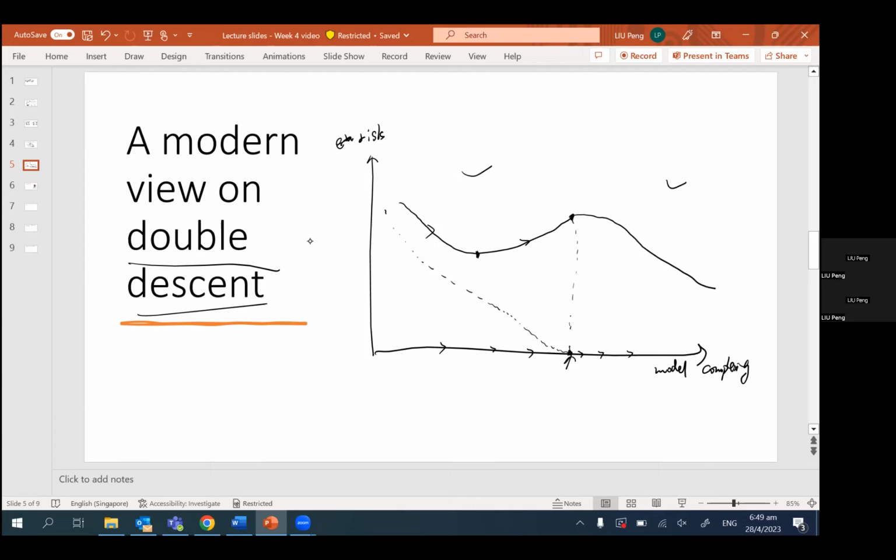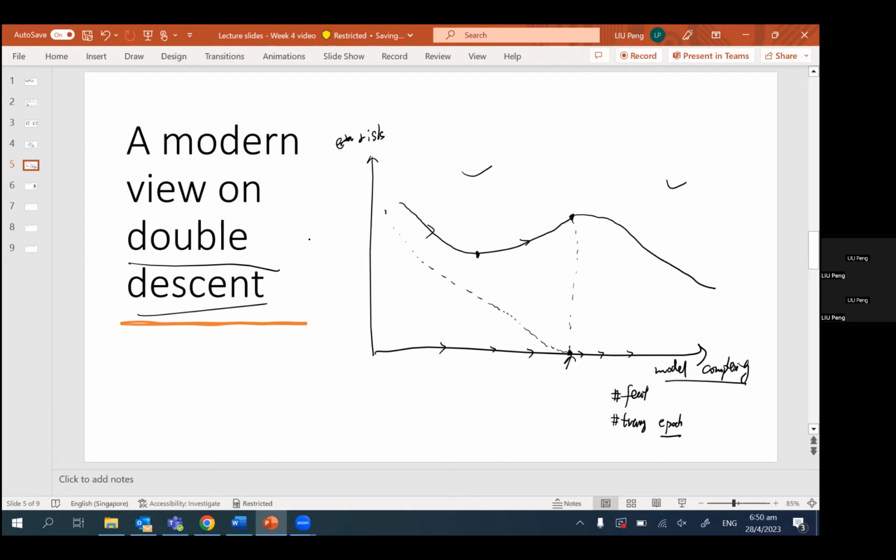And just to mention, this model complexity is also a very general notion. It can be indicated by the number of features, and it also can be indicated by the number of training epochs. An epoch is just how many times I pass through the whole data set.